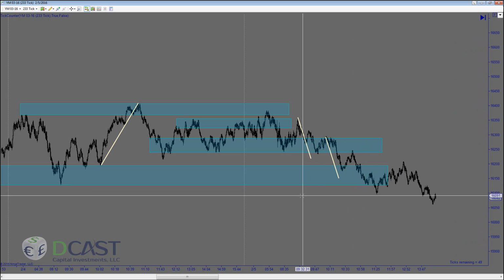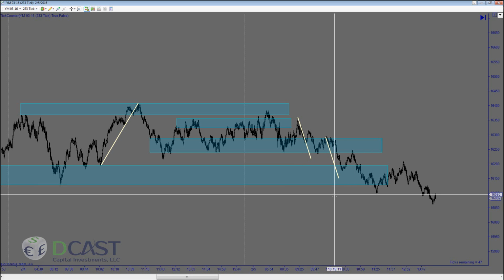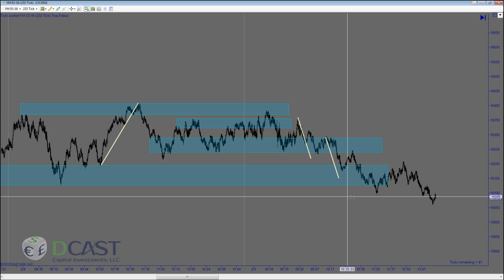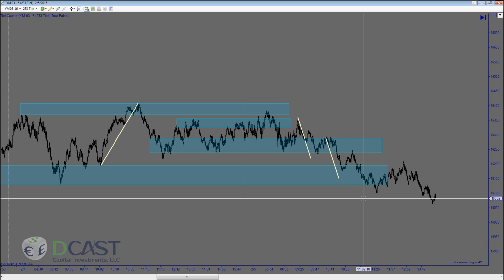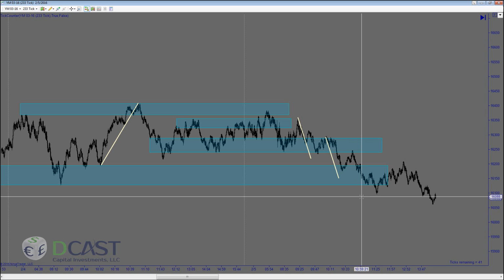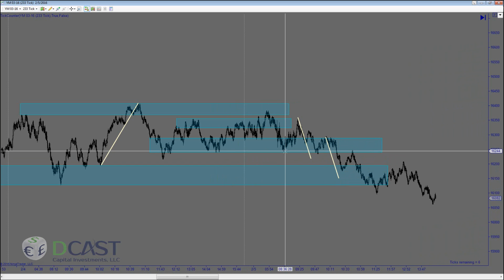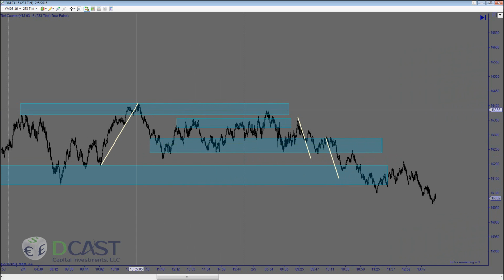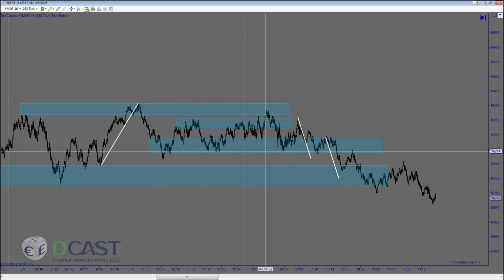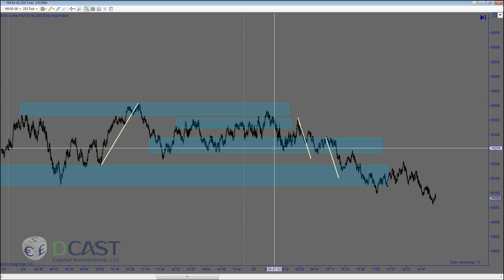I didn't really talk about that here, but what's important here is not the entry, it's identifying where price is likely to pause, reverse, or continue on, because these areas are areas that price has respected repeatedly. So it's in our best interest to understand where these areas are, not necessarily what they mean. Doesn't matter what they mean.